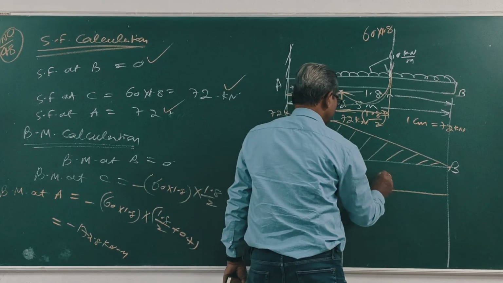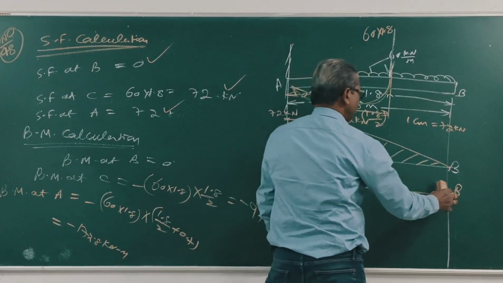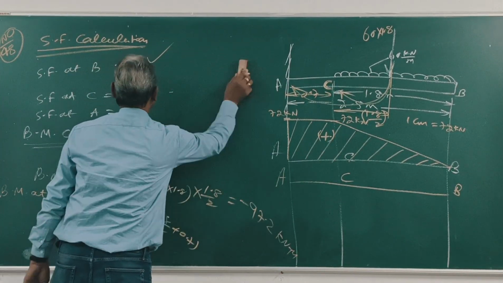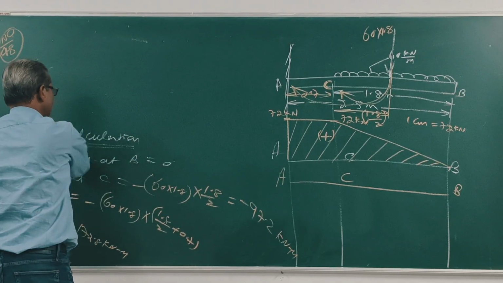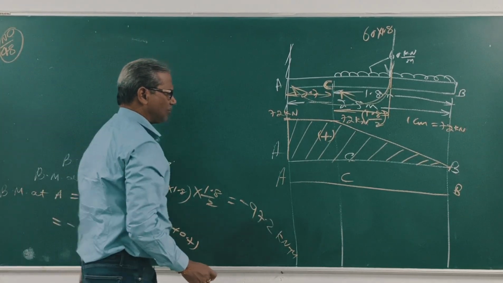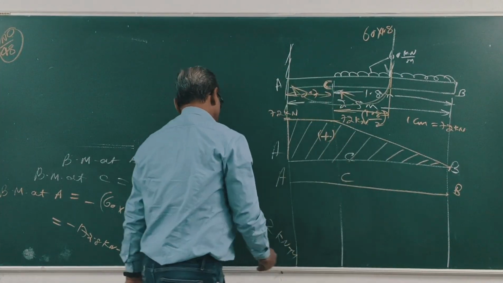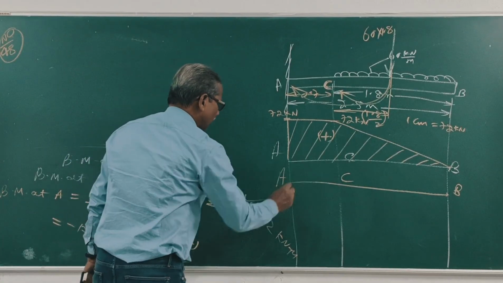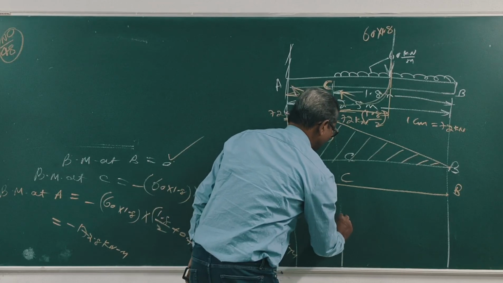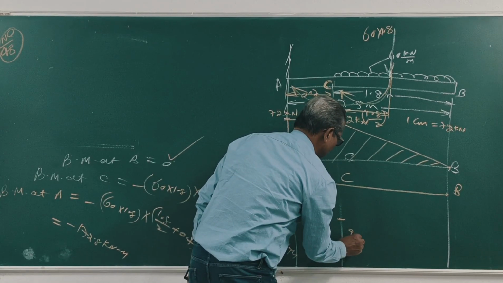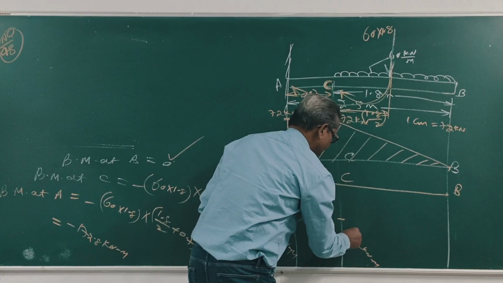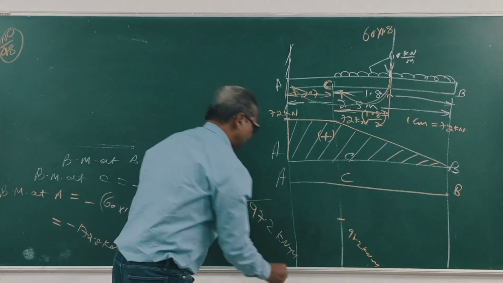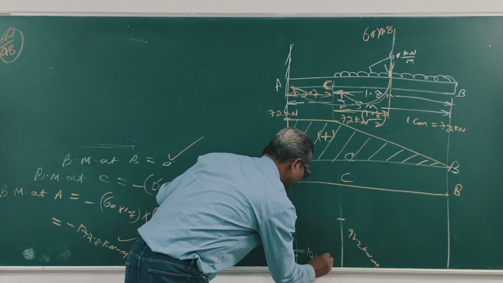A, C, B. Clear? At B it is 0, at C minus 97.2, at A minus 172.8 kilonewton meter.